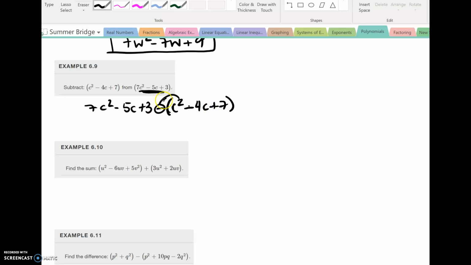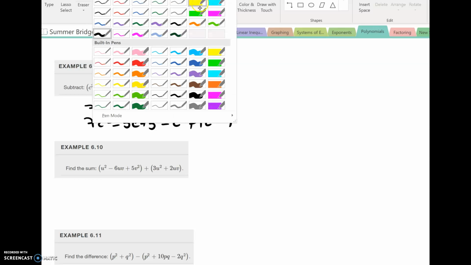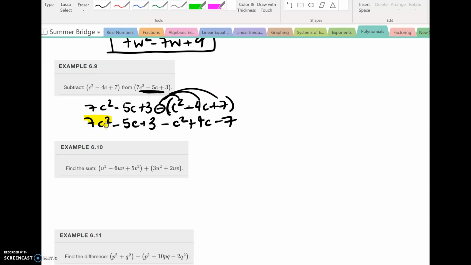So we need to distribute that negative. So I have 7c squared minus 5c plus 3 minus c squared plus 4c minus 7. Okay, so now let's go do some happy highlighting. I have two c squared terms, I have two c terms, and I have one constant term.